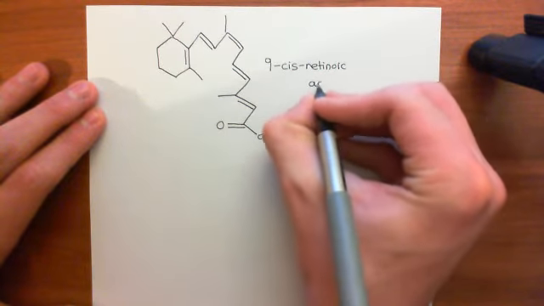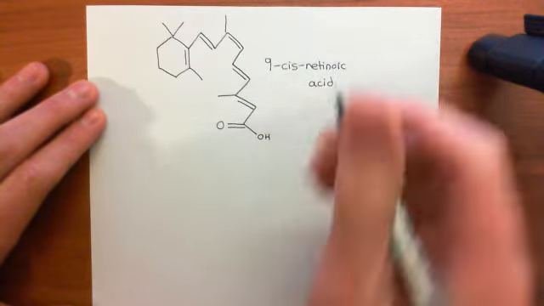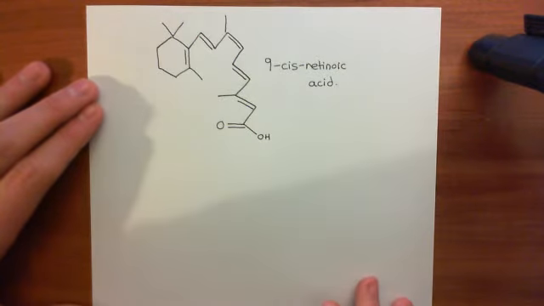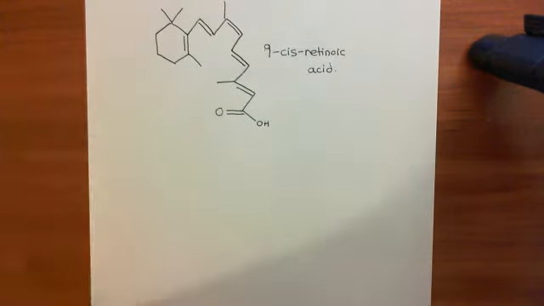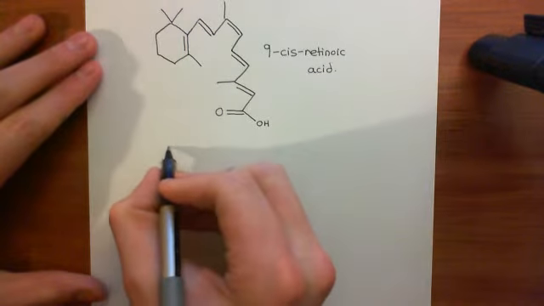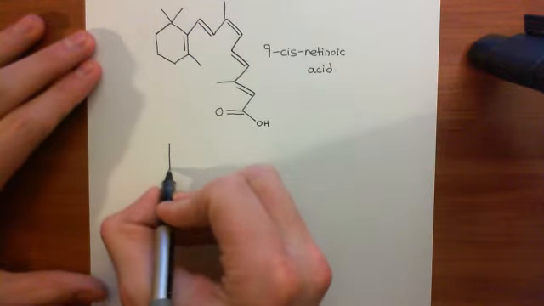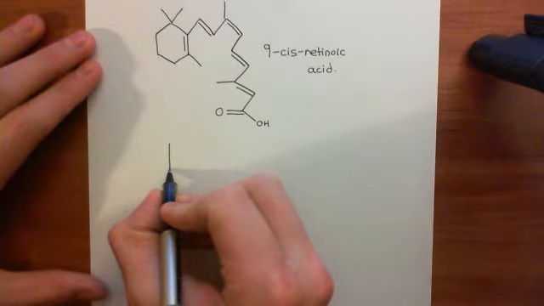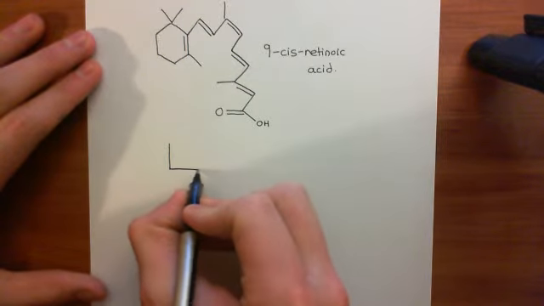And this is the ligand for the retinoid X receptor. So when both 9-cis retinoic acid and the oxysterols are present, what that will trigger is a change in conformation of our liver X receptor, retinoid X receptor dimer.